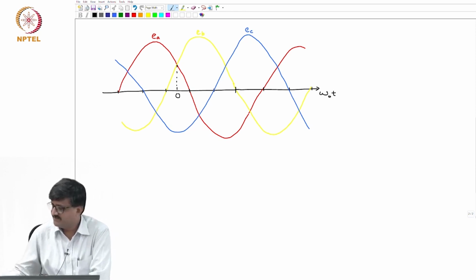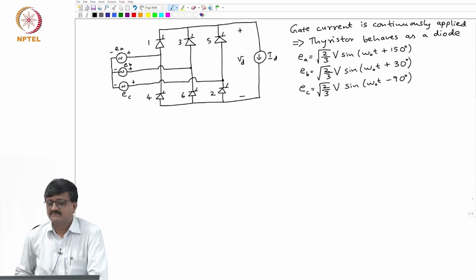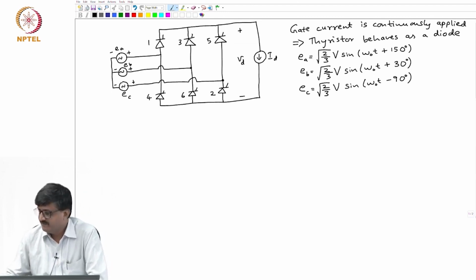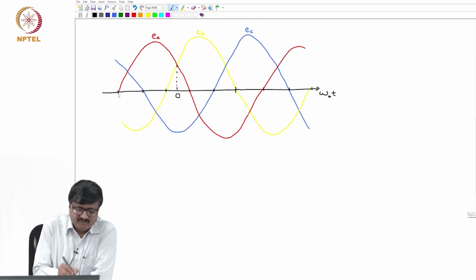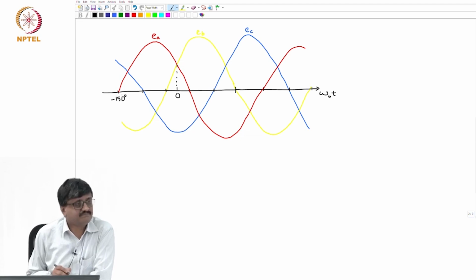Please note our expression for A is root 2 by 3 V sin omega t plus 150. Okay. So, this will be minus 150. What I have shown is every 60 degrees.